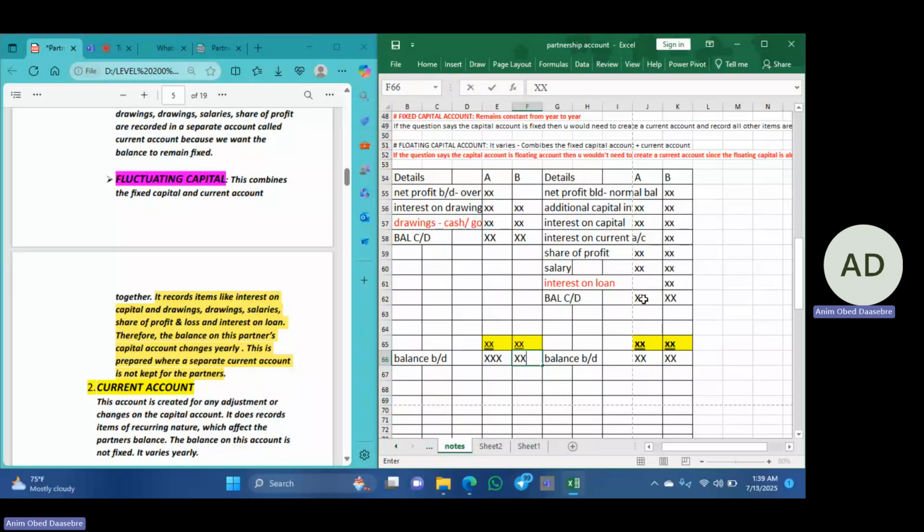And also for partner B, the credit and the debits, you find out that the partner B total for the credit is greater than the debit side, then that means that the balance c/d for partner B will be at the debit side. So like this.